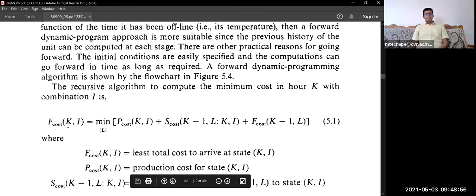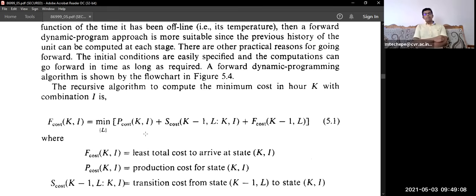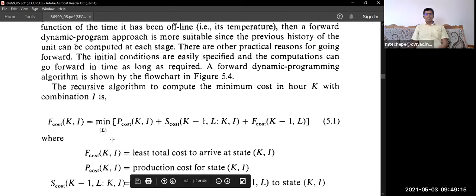Generally, in economic load dispatch also, our main objective is to minimize the total fuel cost. Similarly, in forward dynamic programming, the total fuel cost has to be least.